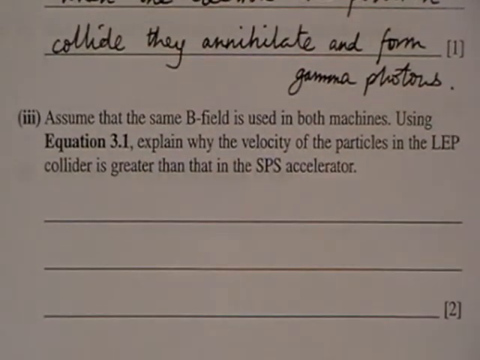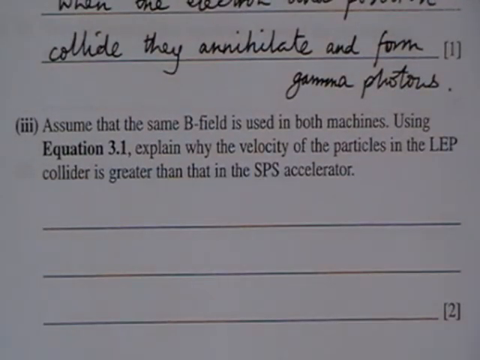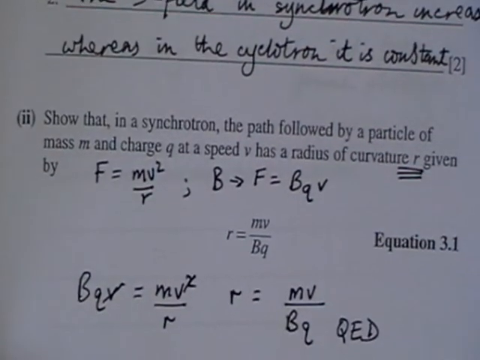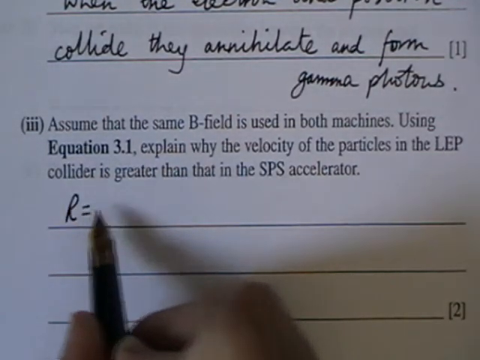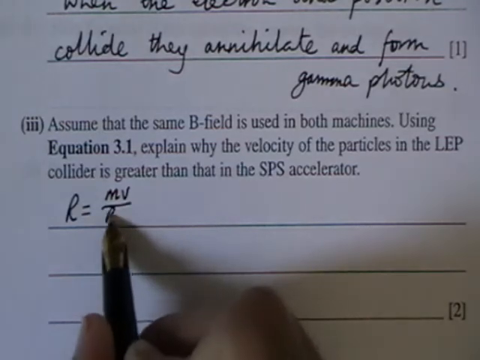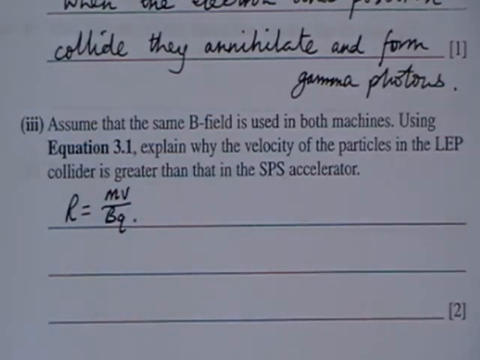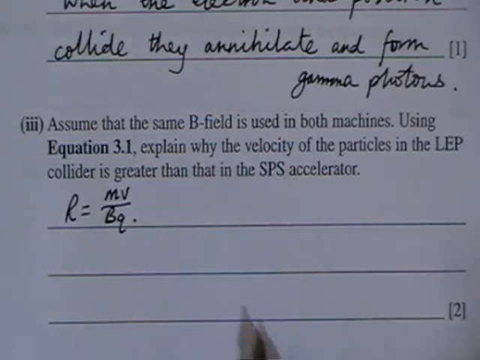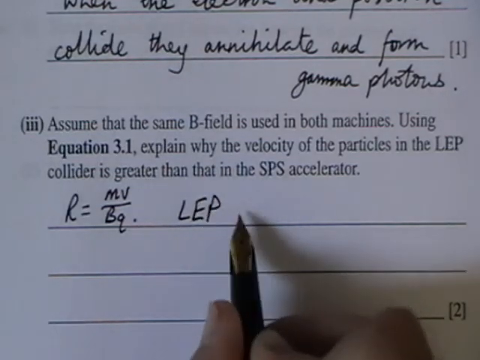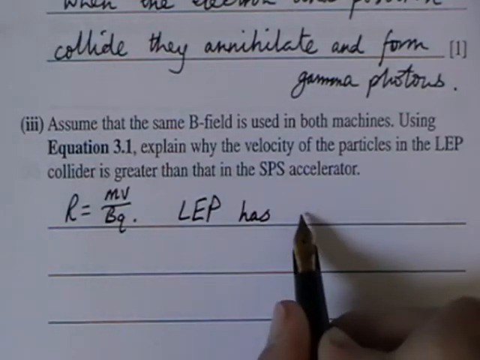Assuming that we have the same B field on both machines, using equation 3.1, which was r equals mv over Bq, what we know from the details we had for the LEP compared to the SPS is that the LEP has a much larger radius.